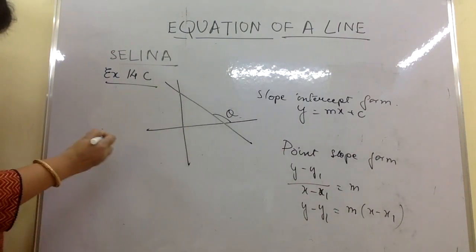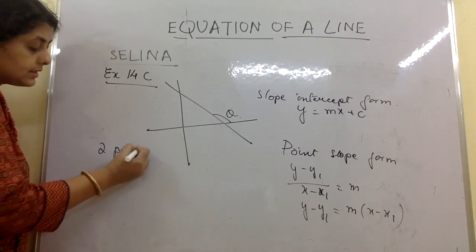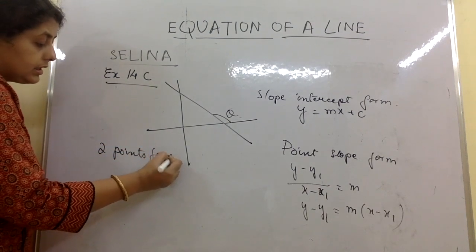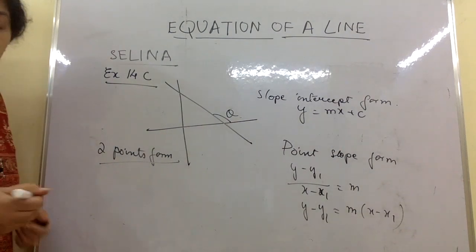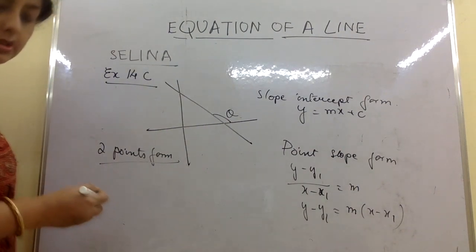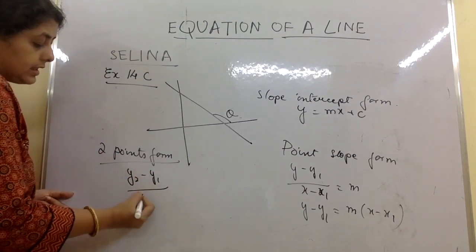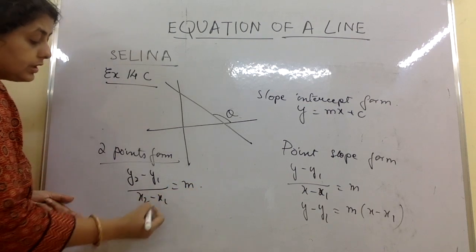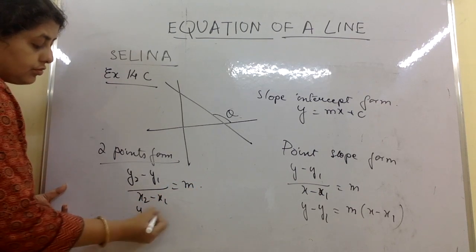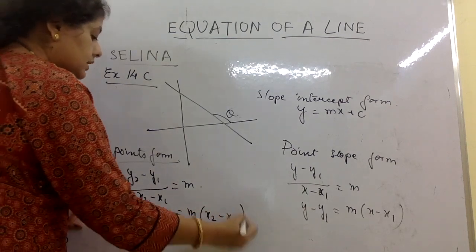The third one is the two points form. Here this is y2 minus y1 over x2 minus x1 is equal to m. So it becomes y2 minus y1 is m into x2 minus x1.